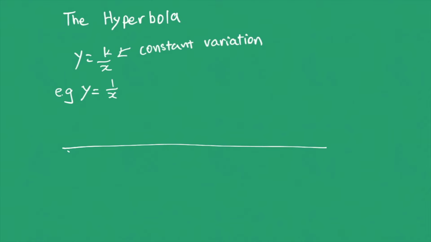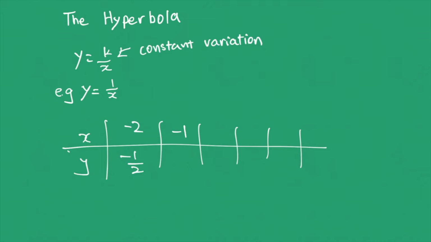Now let's draw a table of values. If x equals -2, in this case y would be -1 over 2. If x is -1, y is the same, which is -1.